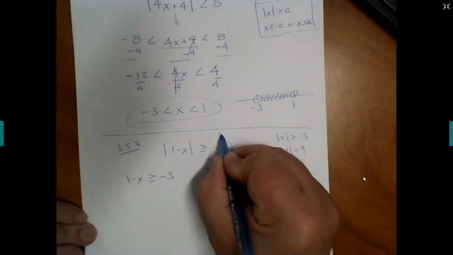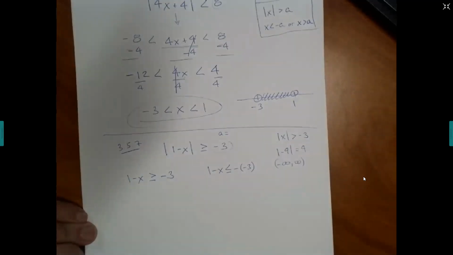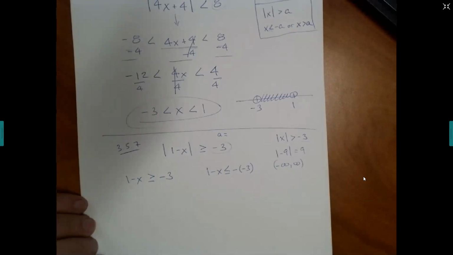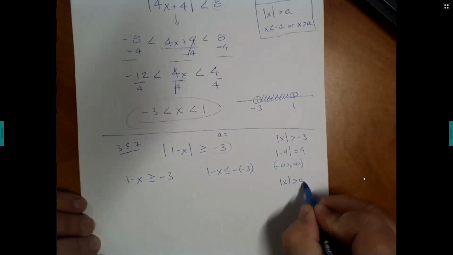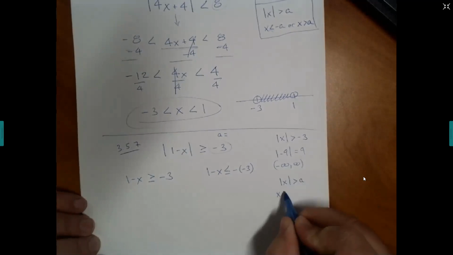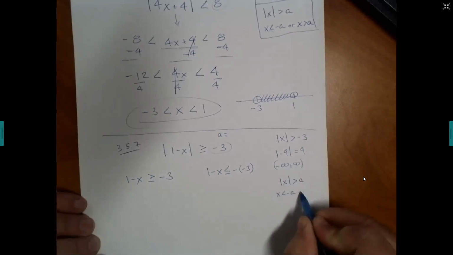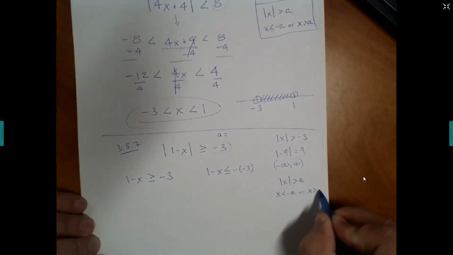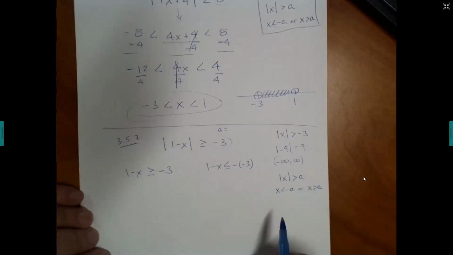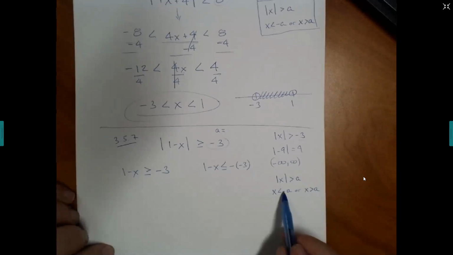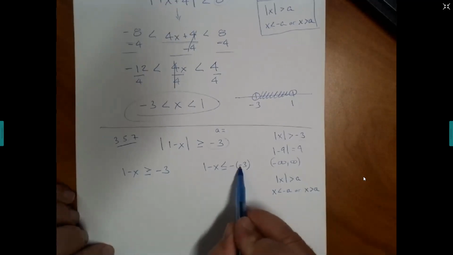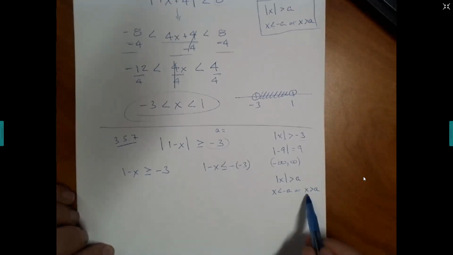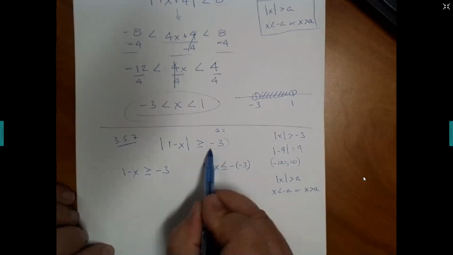This is a. And we're using this formula. So x is less than negative a, or x is greater than a. Here's a.